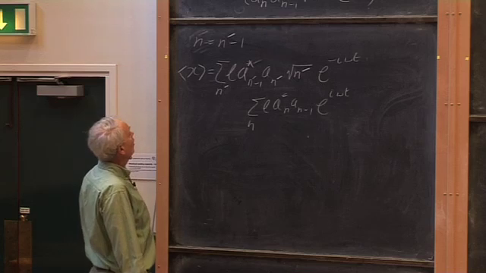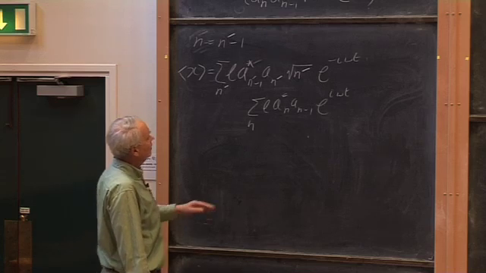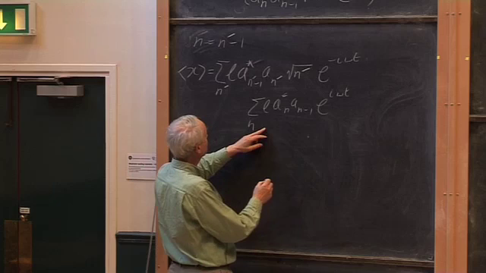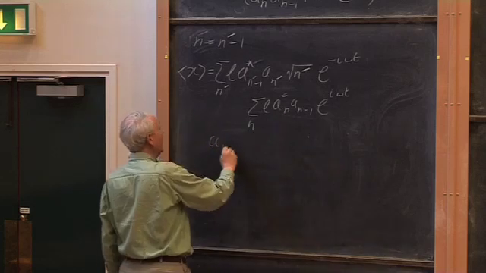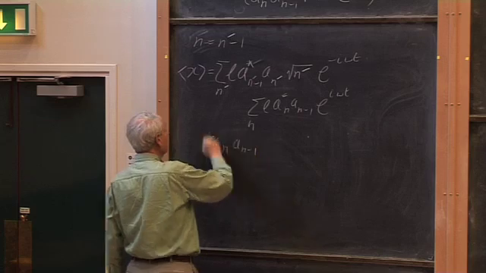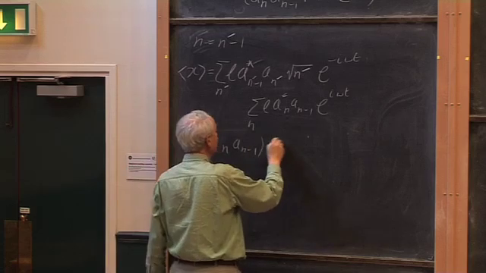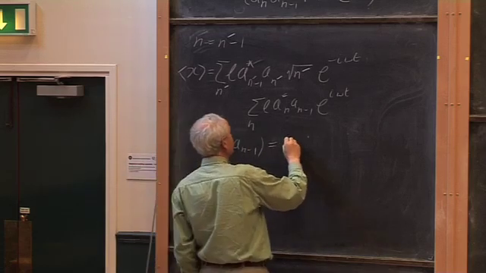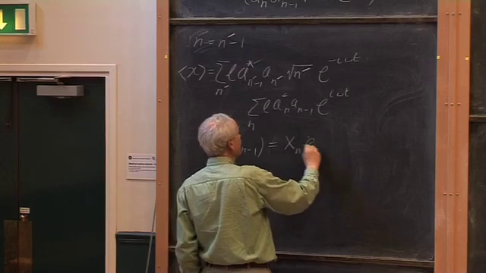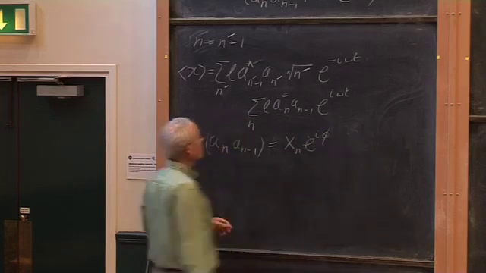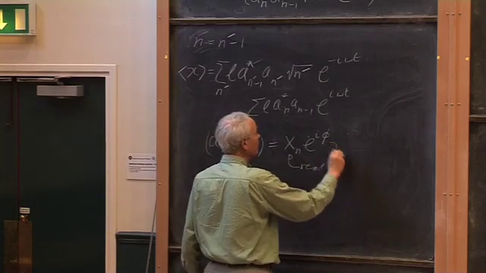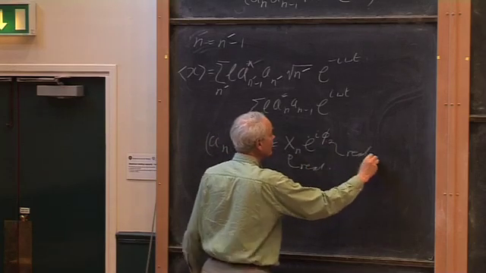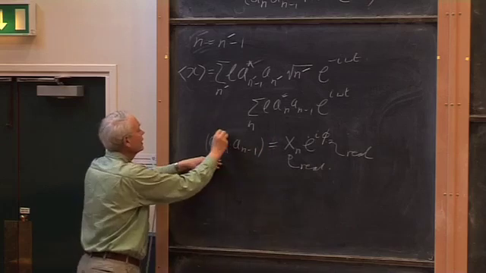So what if we write a n minus 1 is equal to, say, x n e to the I phi, which we can do where this is real, and this, of course, is real too. So I'm writing a complex number. Sorry, that needs a star on it.